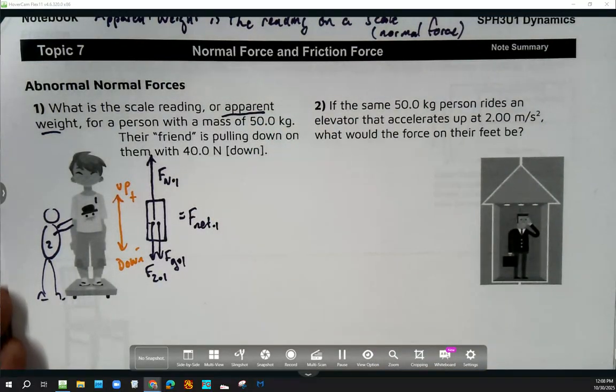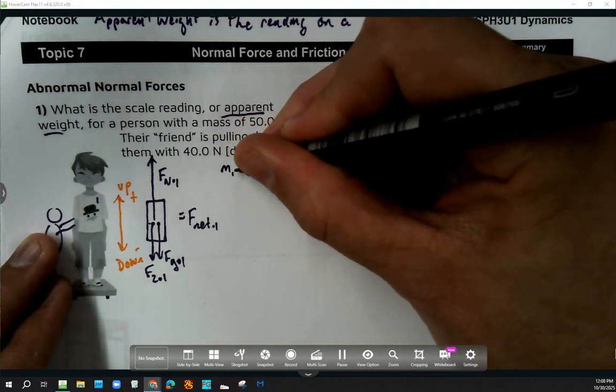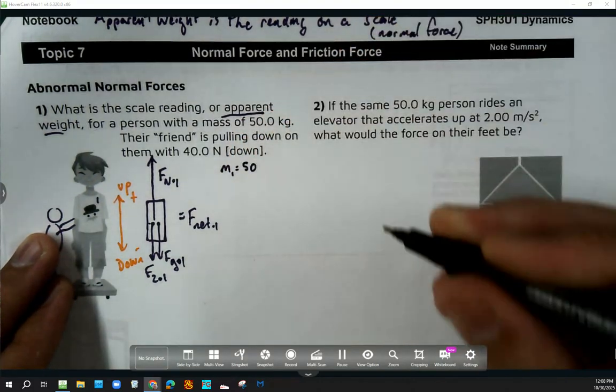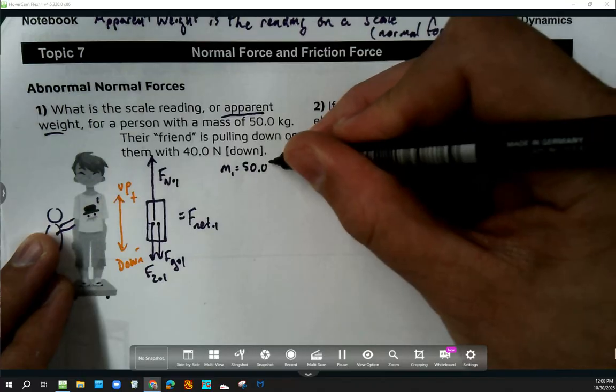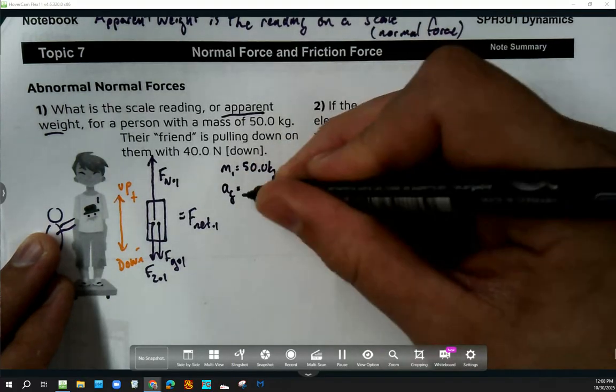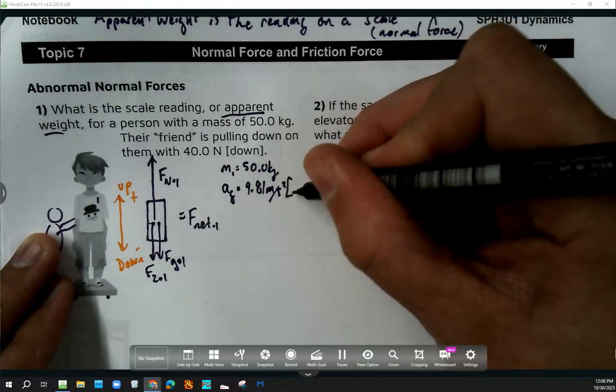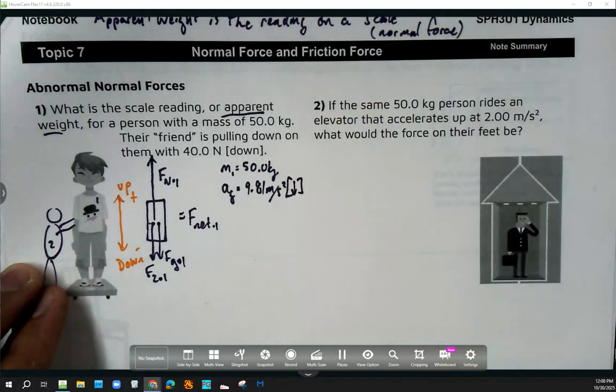And what's more, we could take stock of all the numerical values. We could say, okay, well, mass 1, based on the descriptor there, is 50.0 kilograms. We could say, well, the person's probably on Earth, because it doesn't say otherwise. So 9.81 meters per second squared, and I can say down. That's just a little down arrow.